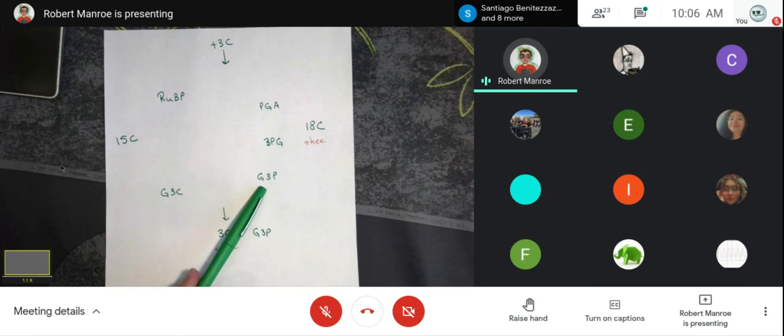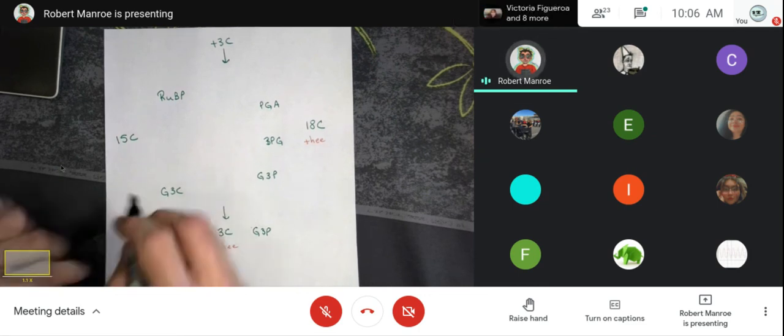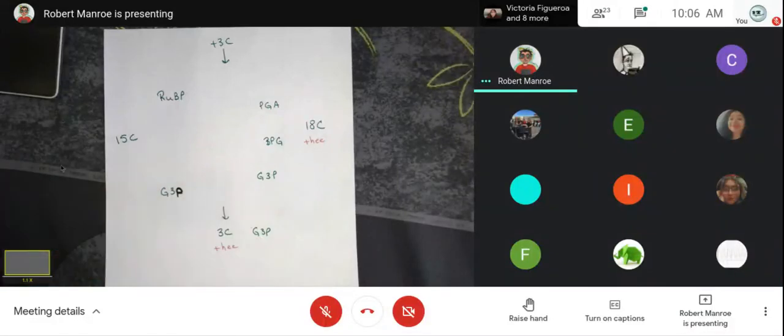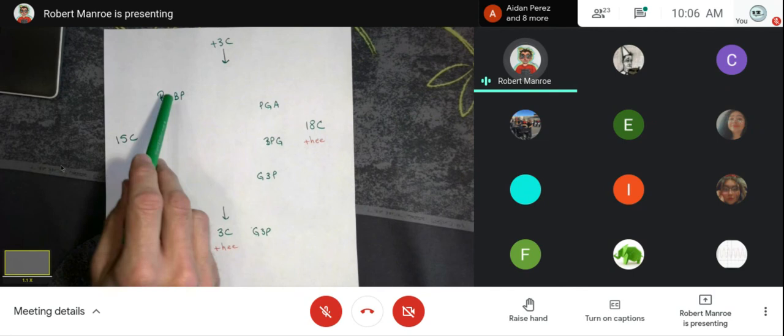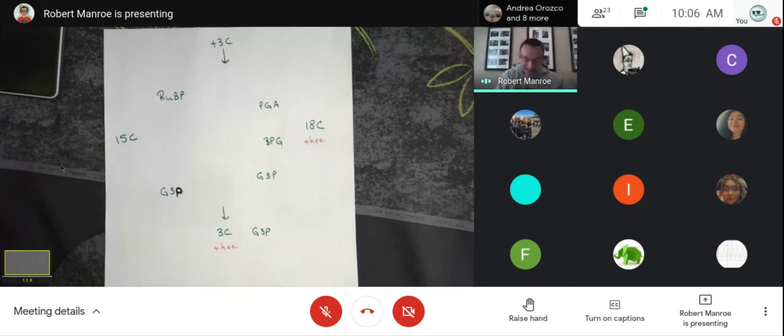Add high energy electrons, G3P. What comes out? One of the G3Ps. That should be a P, by the way. And then these are rearranged into that." So this is something that you need to see 3, 4, 5, 18, 35 times, right? You learn this by just seeing it over and over and over again.